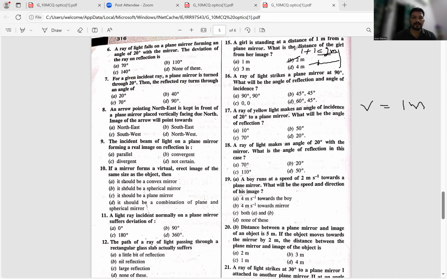So understand how it is solved. Now move on to question number 16. Listen carefully. A ray of light strikes a plane mirror at 90 degrees. What will be the angle of reflection and angle of incidence?